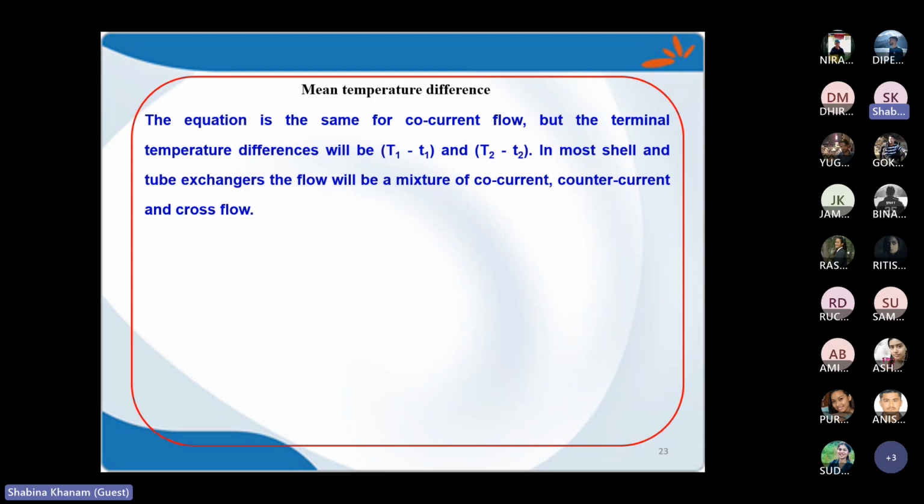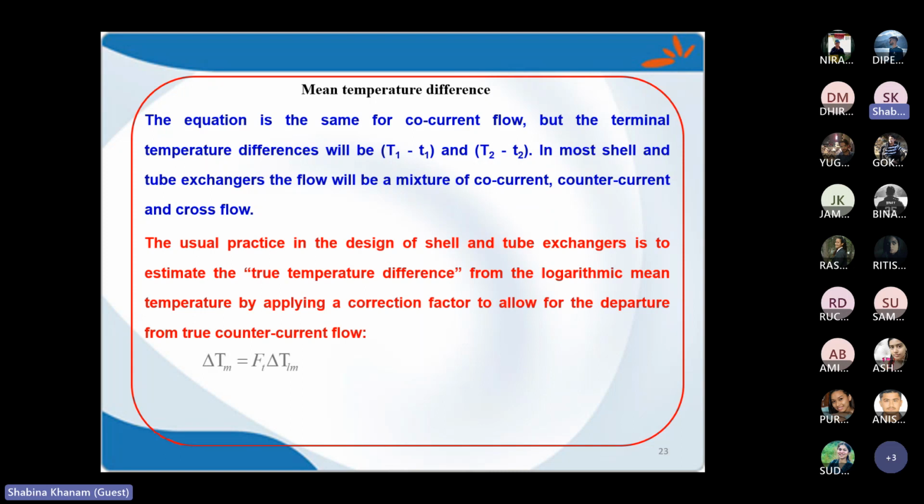A double pipe has either co-current or counter current, not a mixture. All these movements give a different mean temperature in comparison to the log mean temperature difference, which we defined for double pipe, considering co-current and counter current.